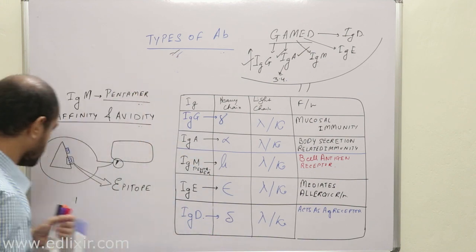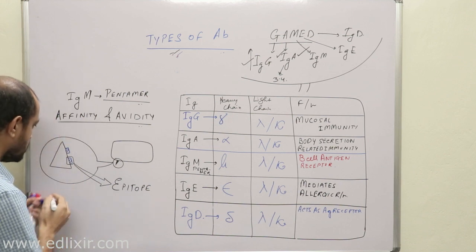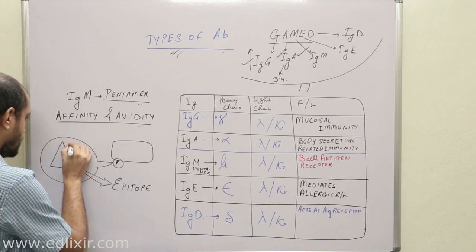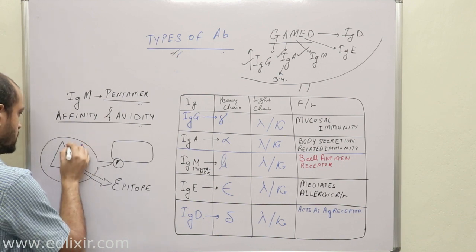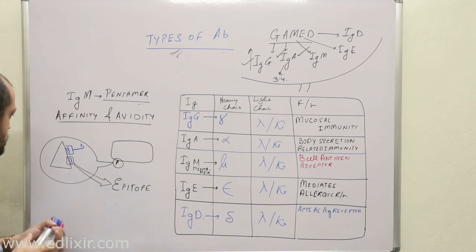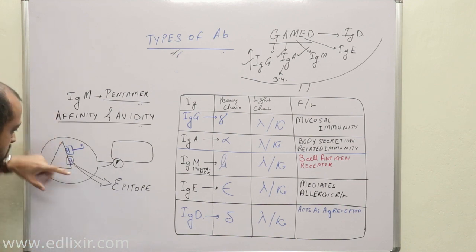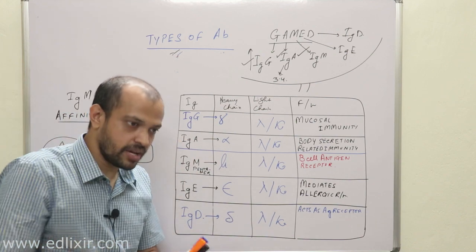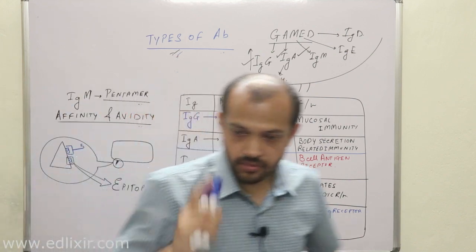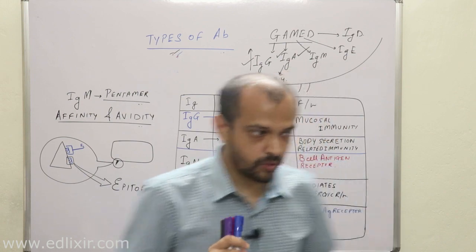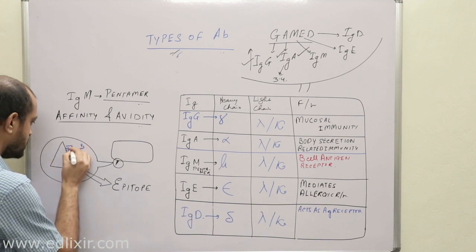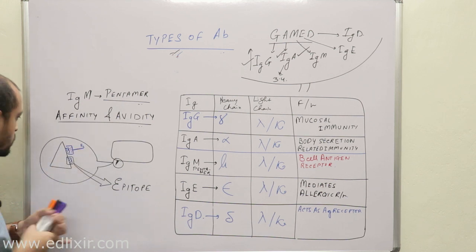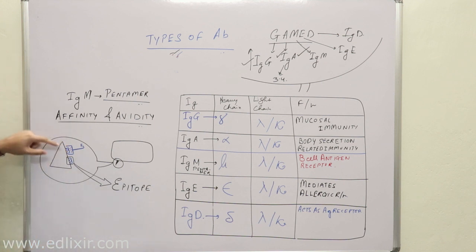Now listen with all your attention. Suppose this is our antigen and antibodies bind to it. This is the FC portion, and these are FAB portions. The epitopes are the place where antibodies bind in an antigen, right? Now a very important point. Affinity is the strength with which a single antibody binds to a single epitope.